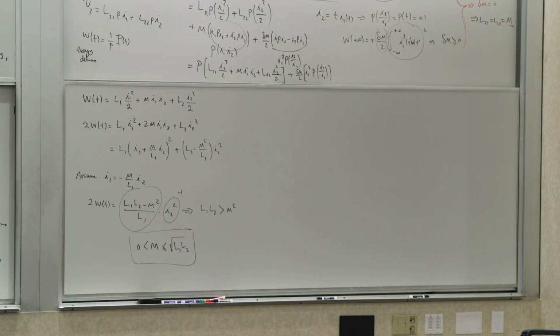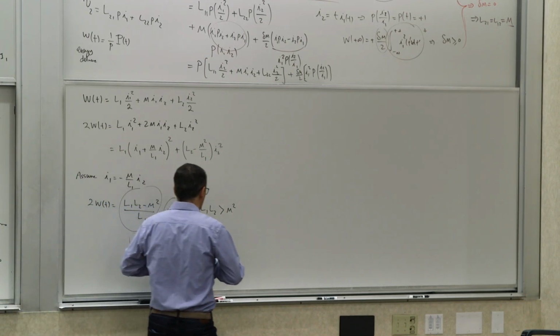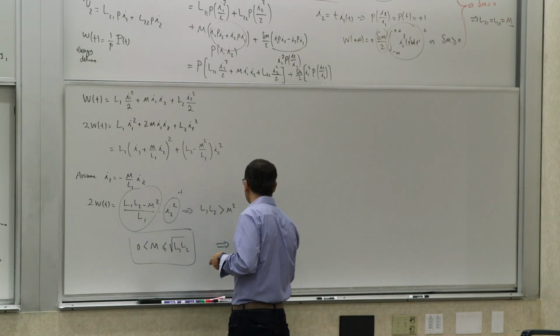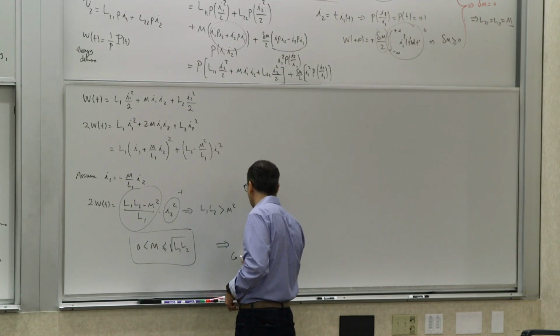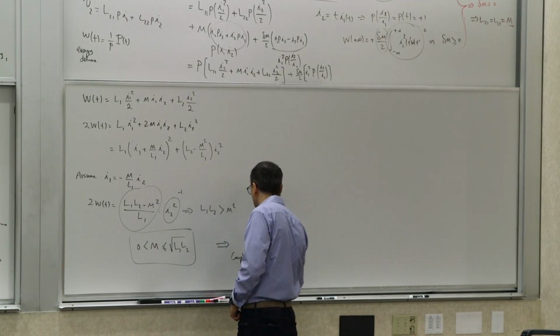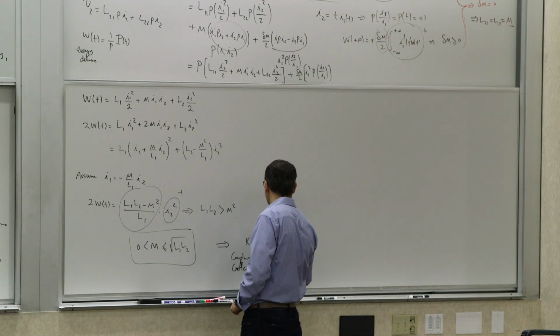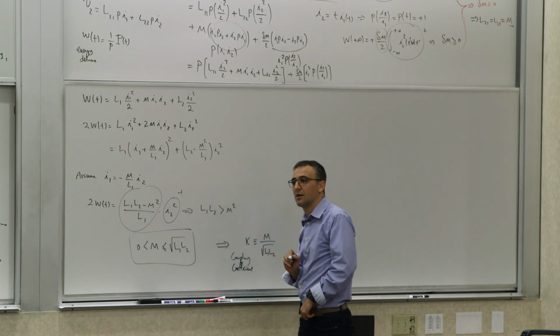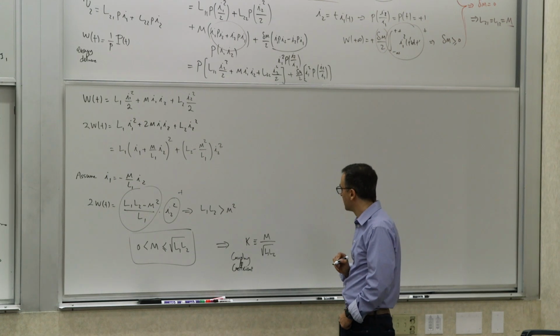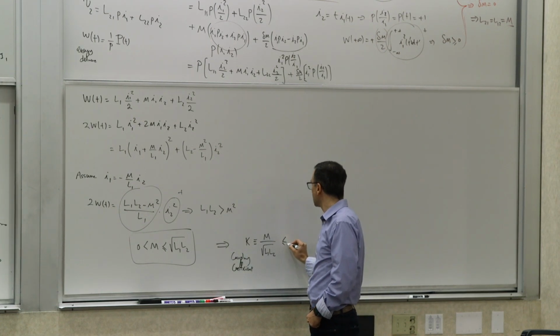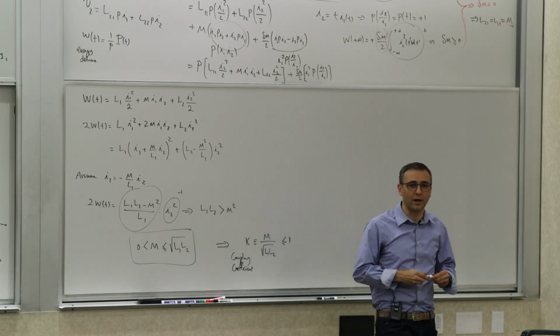In fact, this allows us to define another parameter that you will see, called the coupling coefficient for a transformer, which is defined as k equals m over the square root of L1 L2. And you can see that this has to be smaller than or equal to 1.